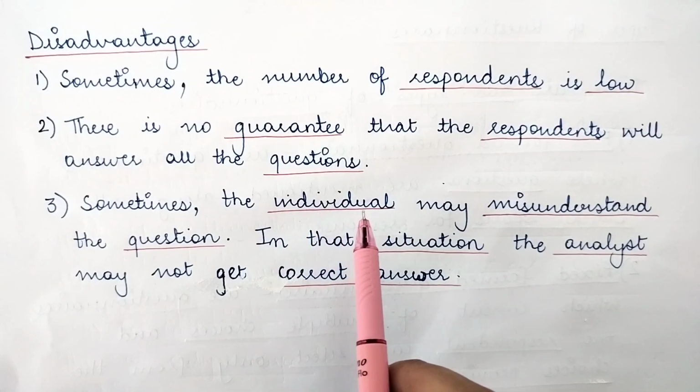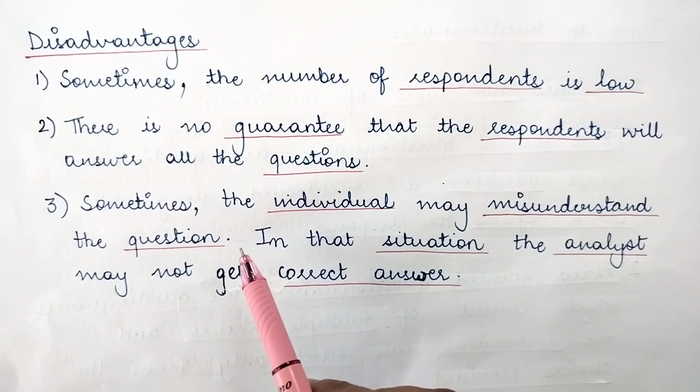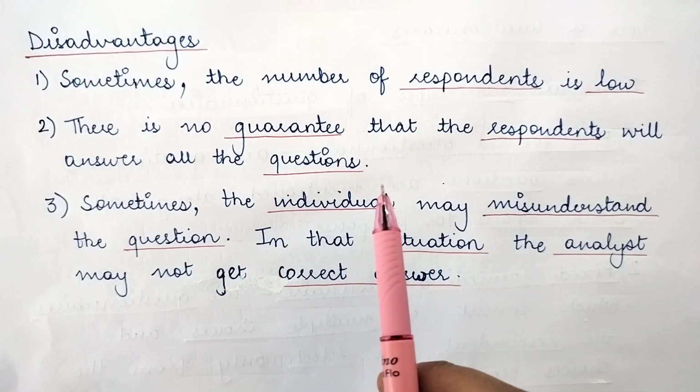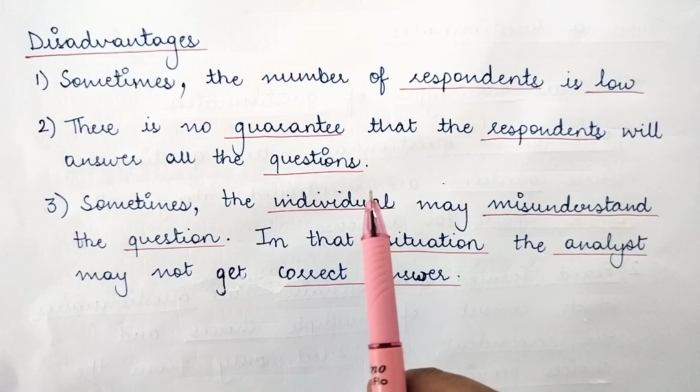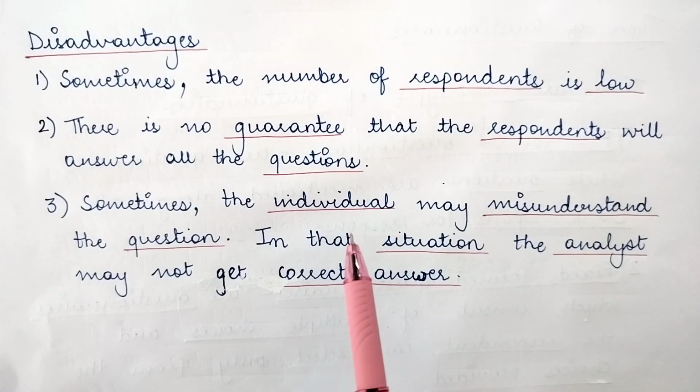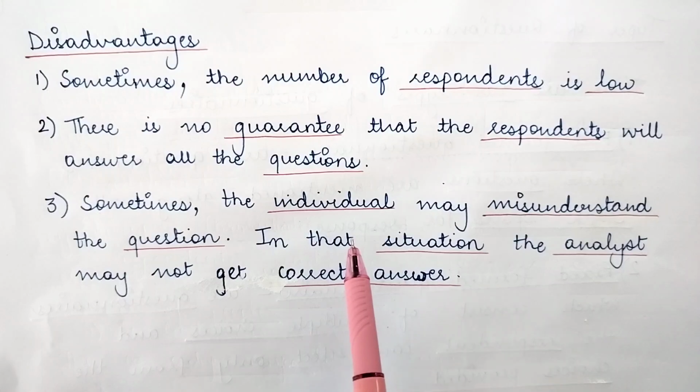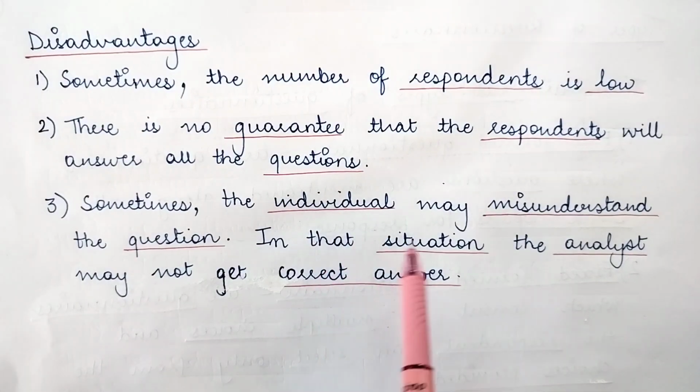Then sometimes the individual may misunderstand the question. Since the questions are written, basically they may be written on a piece of paper, or you may conduct that questionnaire online, but they are written. So that means they can be misunderstood at times, and in that situation the analyst may not get the correct answer.